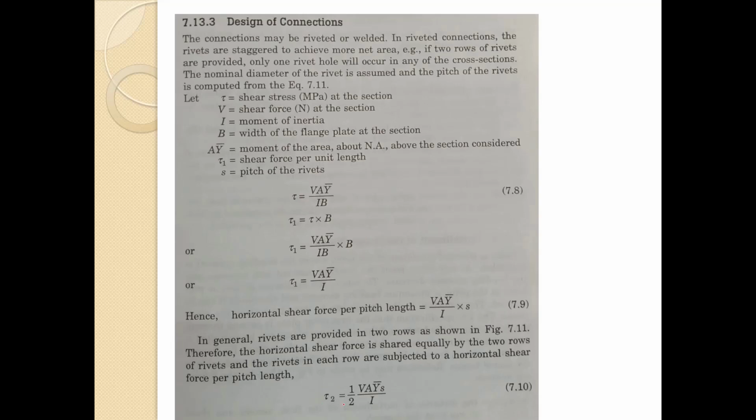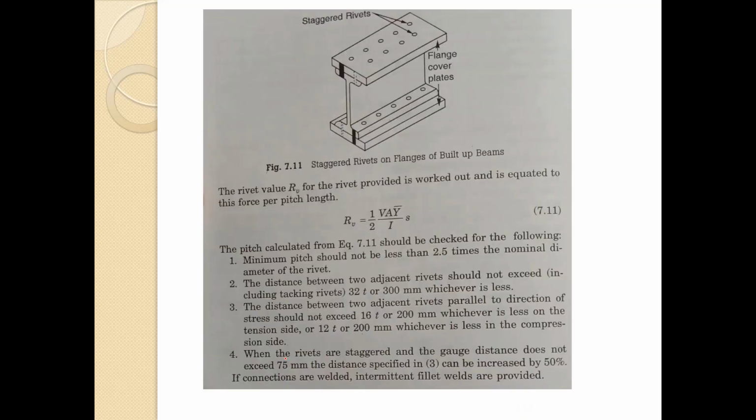So again we are using tau2 here, that is half of VAY S divided by I, the horizontal shear force per pitch length for one particular line.